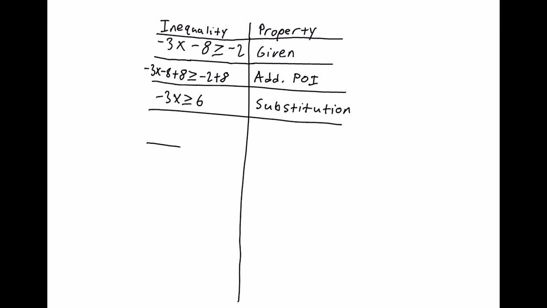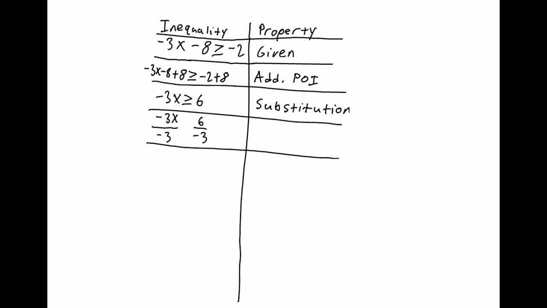Now the next step. Negative 3x is greater than or equal to 6. So, like usual, we need to divide both sides by what's multiplying x, the negative 3. So we say negative 3x divided by negative 3, and on the other side, 6 divided by negative 3.